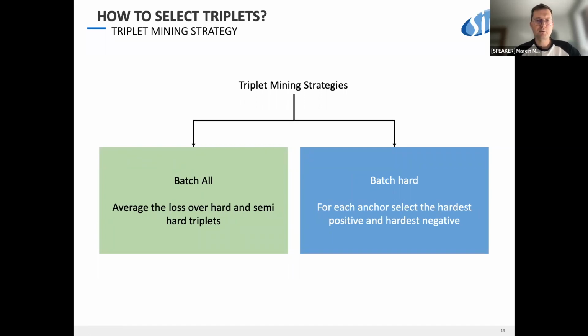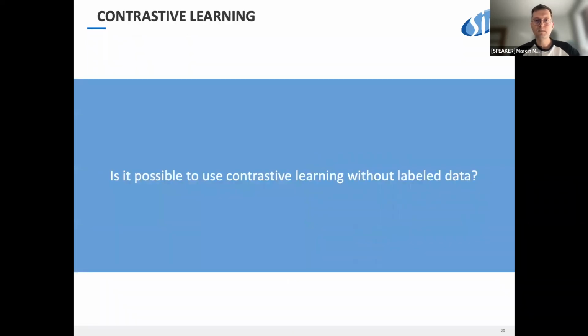And this kind of approach is called batch all. Alternatively, we could select the hardest positive and the hardest negative for each anchor. And this strategy is called batch hard. It's hard to answer which of them works best in practice because it depends on the task, and best if you could try both of them.